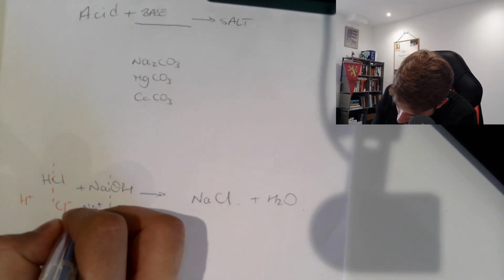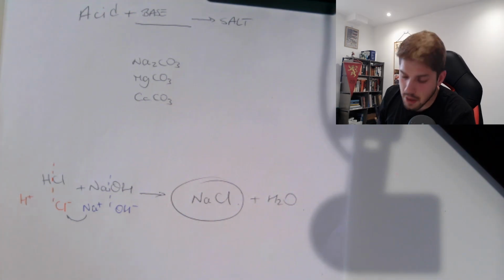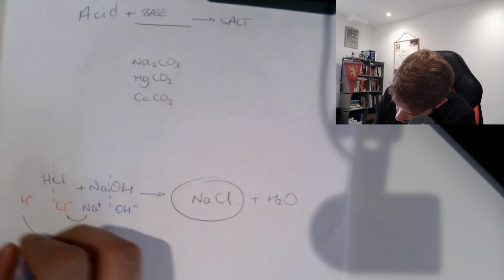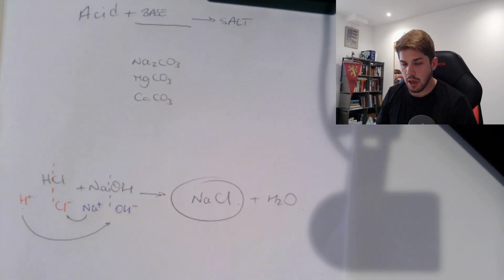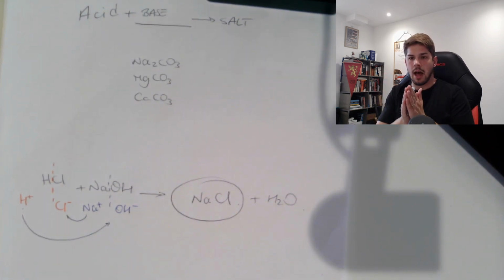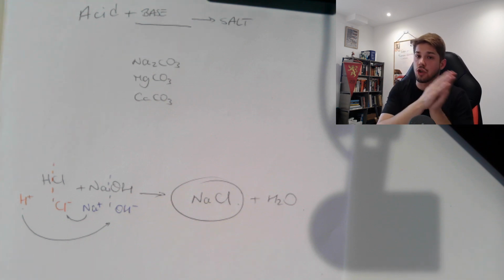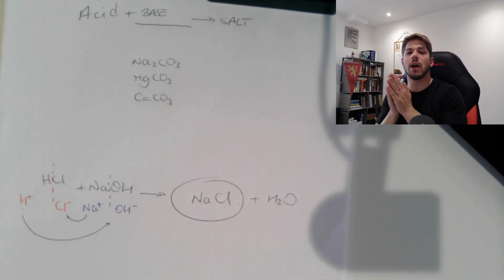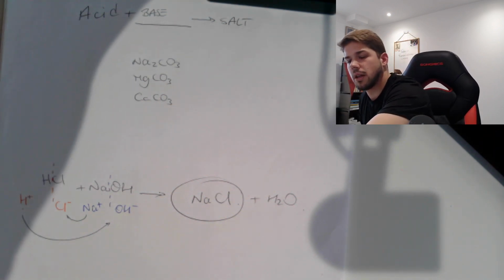The sodium and the chlorine go together, forming sodium chloride, and the hydrogen goes with the hydroxide to form water. So you see, when you combine a strong acid with a strong alkali, the result is a soluble salt plus water.